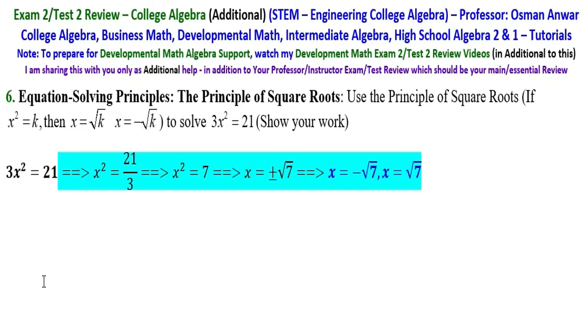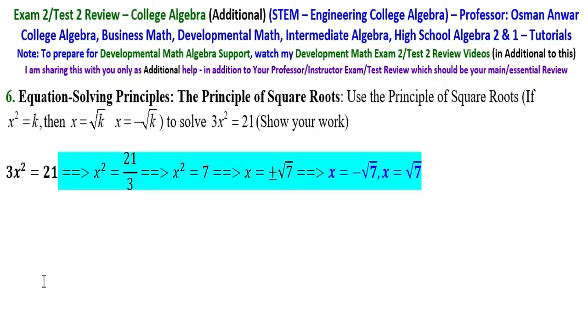Now, 6, equation solving principles. The principle of square roots. Use the principle of square roots: if x squared equals k, then x equals square root of k, or x equals minus square root of k.